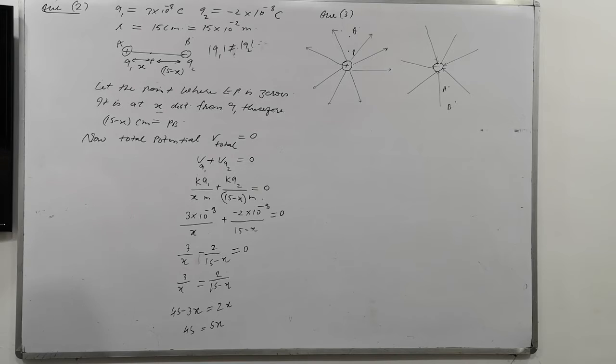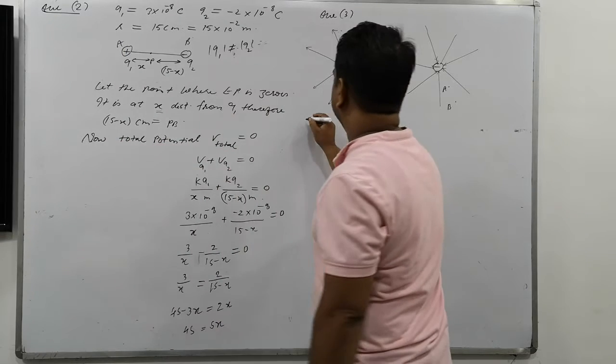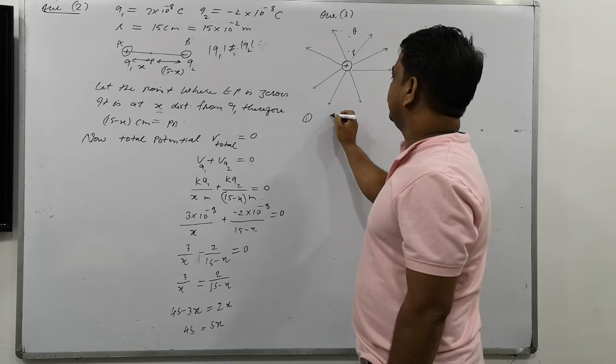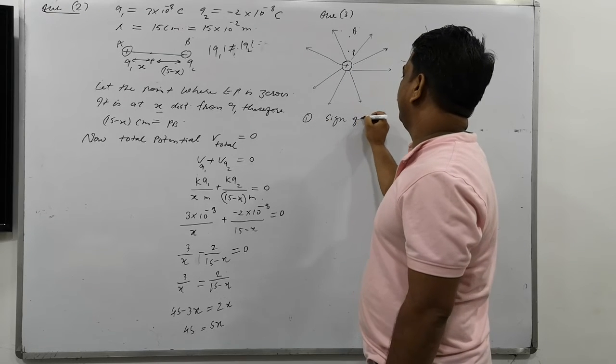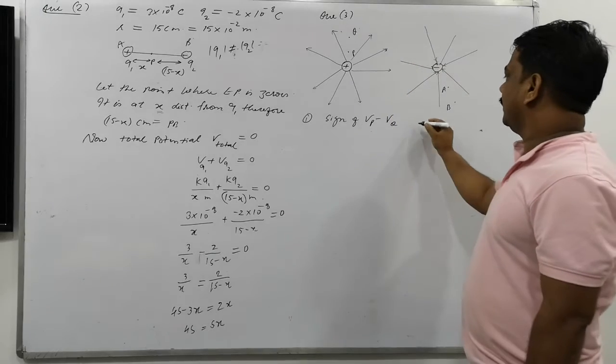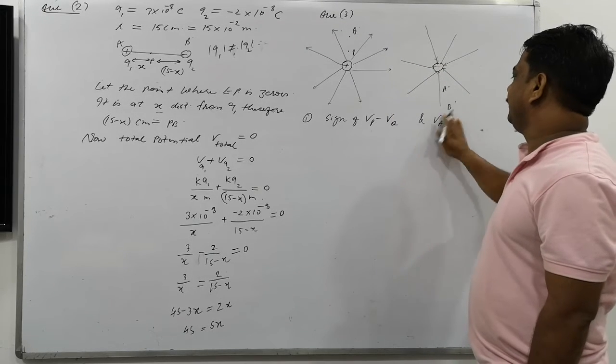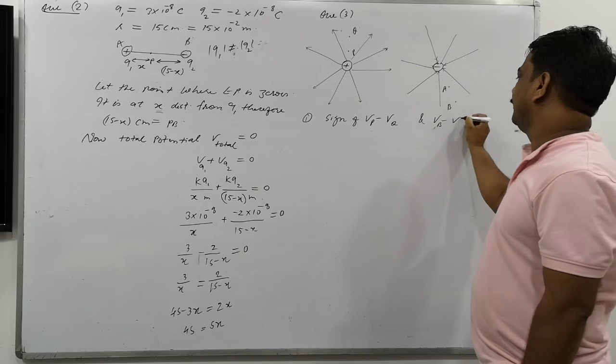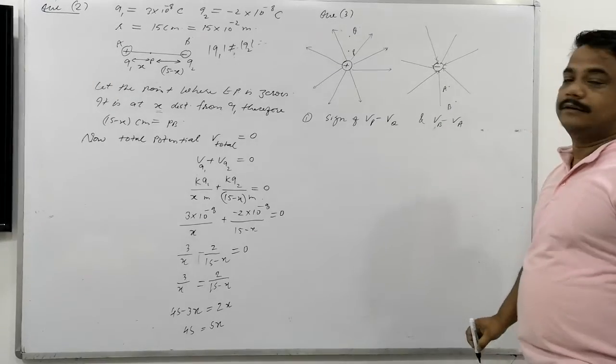First question. Give the sign of Vp minus Vq and Vp minus Va. First question.